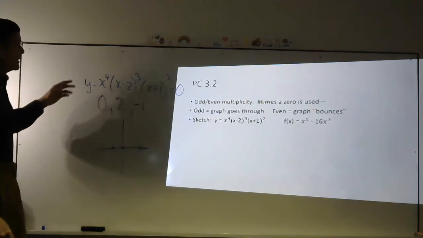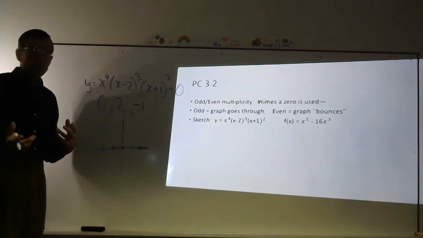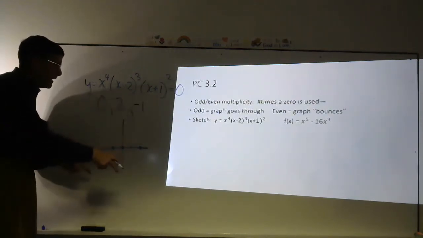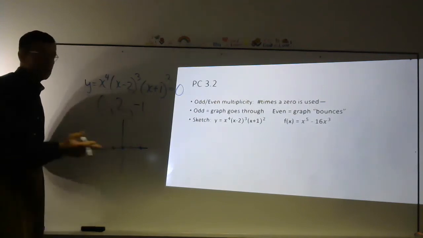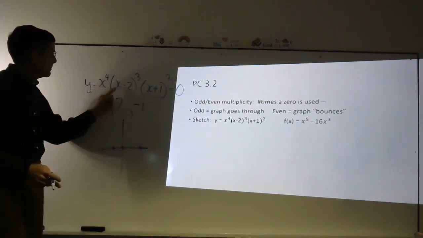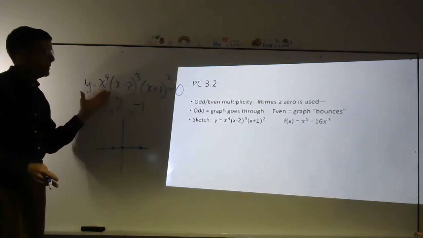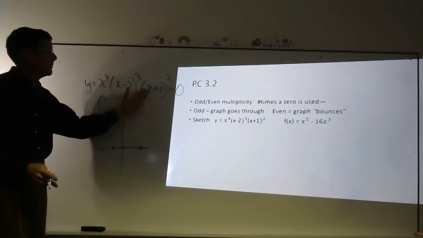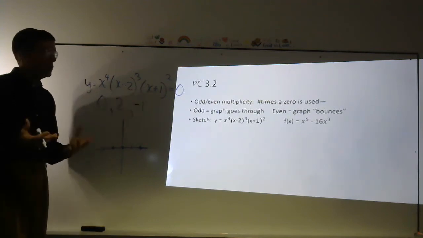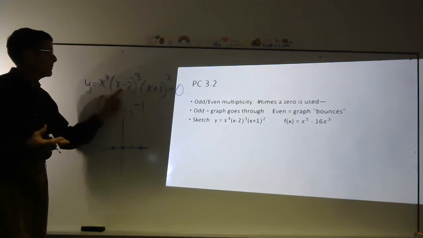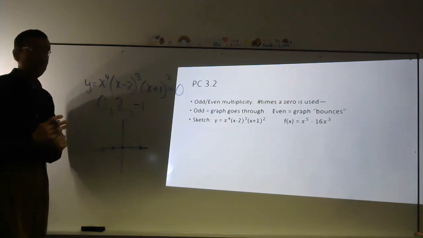Okay, what is the end behavior going to be like? Is it going to be up, up, down, down, down, up, down? If you were to multiply this all out, your biggest term would be x to the 4th times x to the 3rd times x squared. Wouldn't you agree that x to the 4th times x cubed times x squared would be x to the 9th?